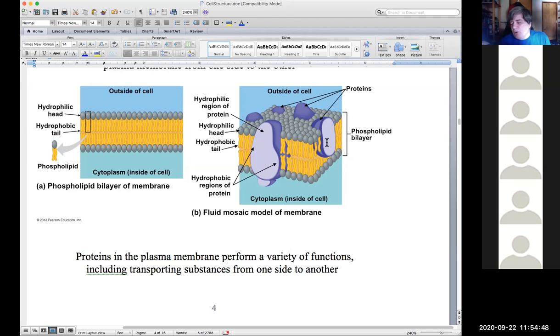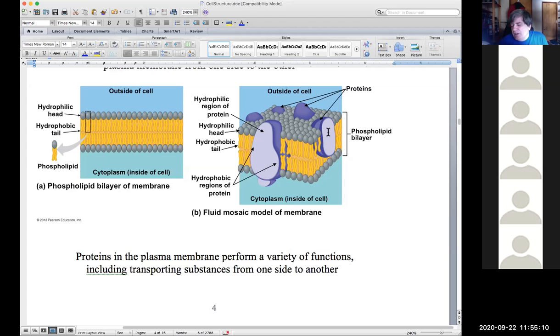So besides forming a channel, remember one of the functions we already talked about with proteins is they sometimes act as a receptor. Sometimes molecules on the outside of the cell can attach to the protein. Now, when that happens, sometimes the molecule that attaches gets carried inside.